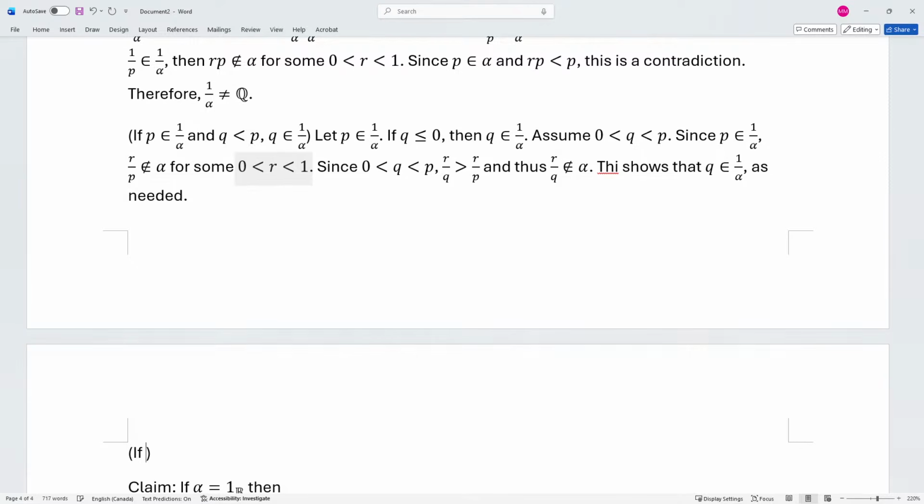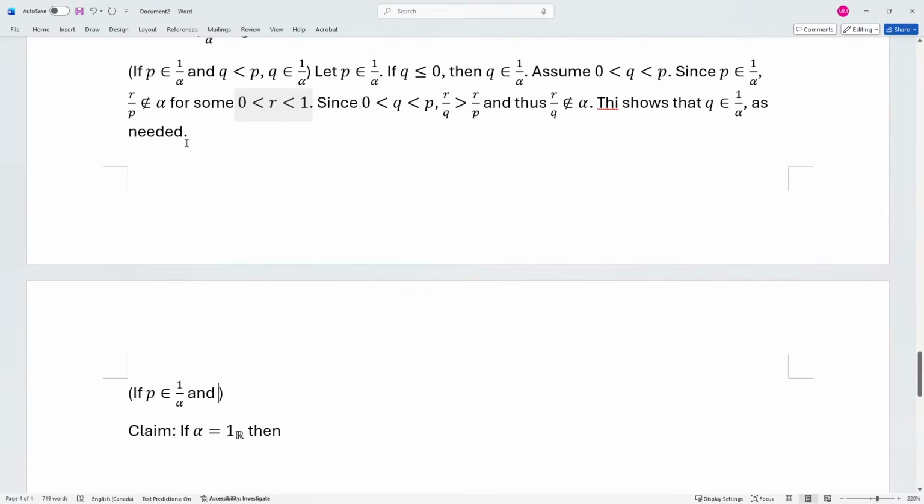That is to say, if P is in 1 over alpha, there exists Q in 1 over alpha such that P is less than Q. This has no greatest element. All right. How do we do that?